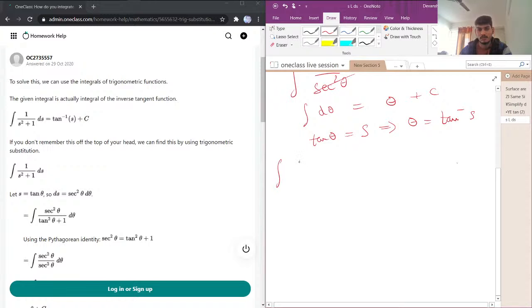So integral of 1 over s square plus 1 ds will be equal to theta plus c, which is tangent inverse of s plus c.